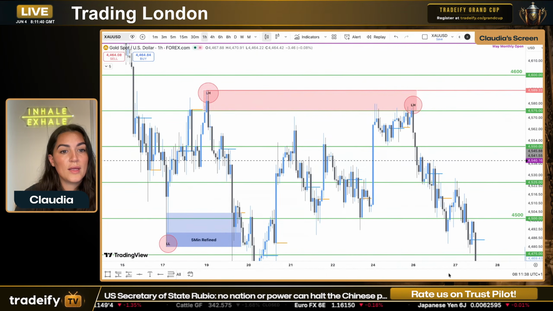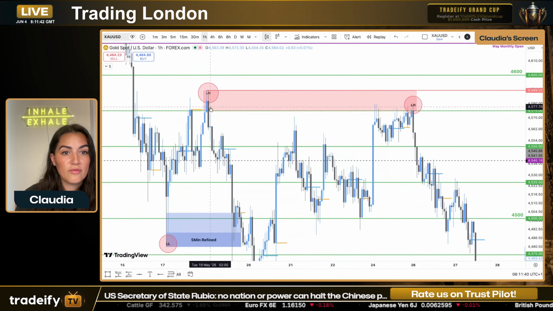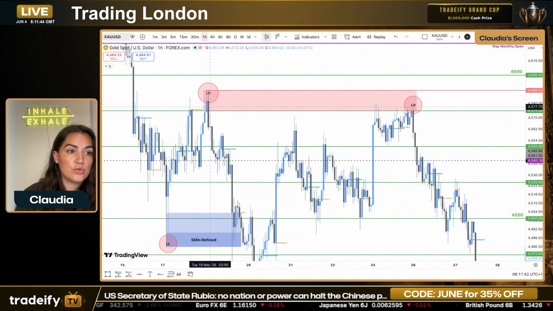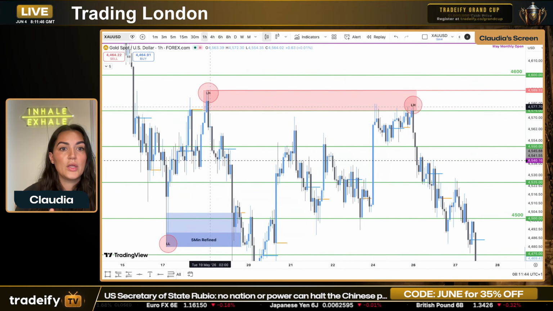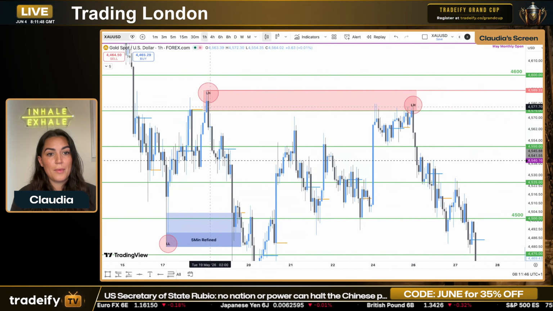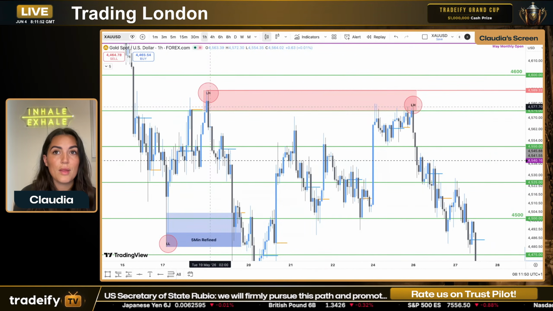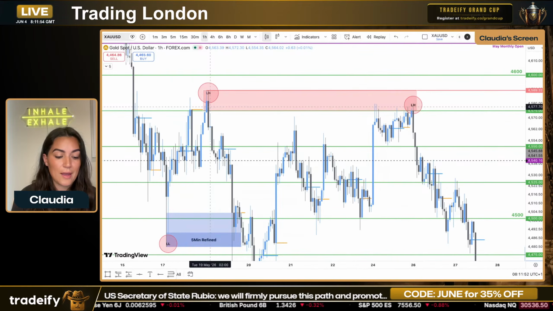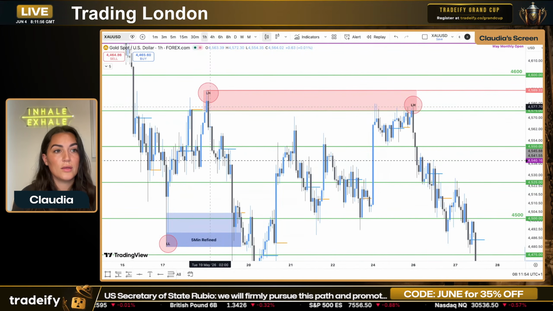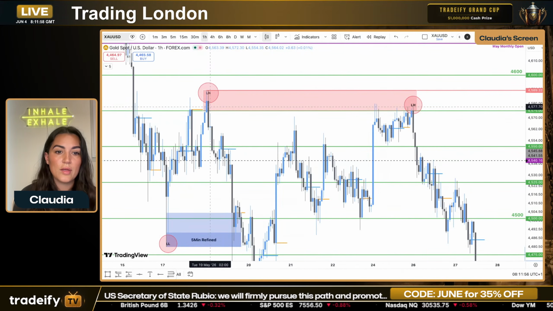I'm primarily looking for engulfing 4 hour, 1 hour, 30-minute candles to draw order blocks from. Now, if you're going to be mapping these up in your charts or trading order blocks, a piece of advice is the higher the time frame you draw the order block from, the more reliable it is.